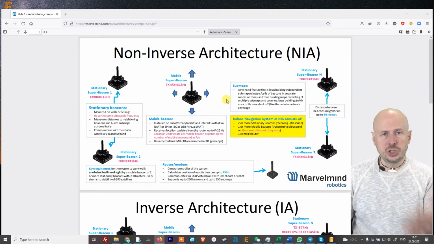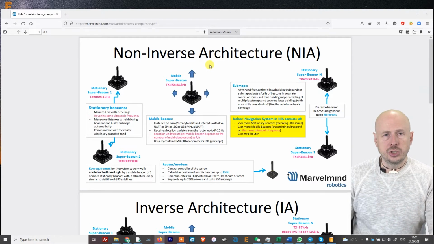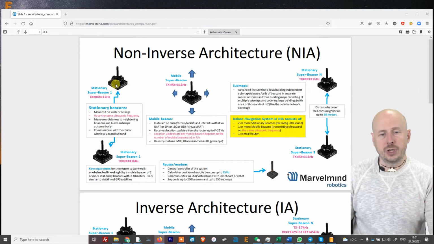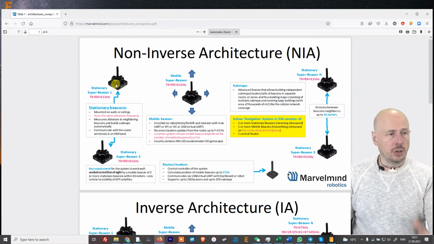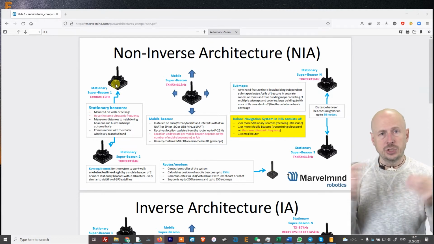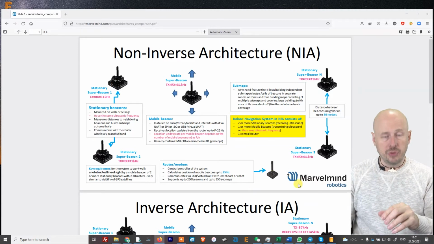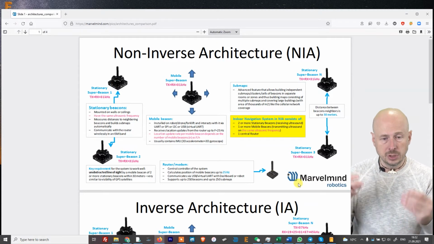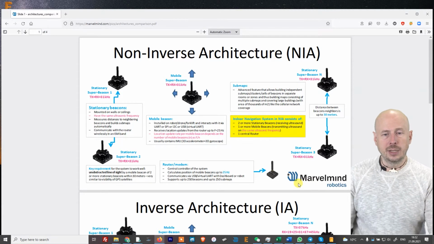Why is the non-inverse architecture the simplest? It's simple because it is using only one ultrasonic frequency. As you may remember, we are using radio for very precise clock synchronization between the beacons with the help of the modem. This is why the modem is a kind of your atomic clock.